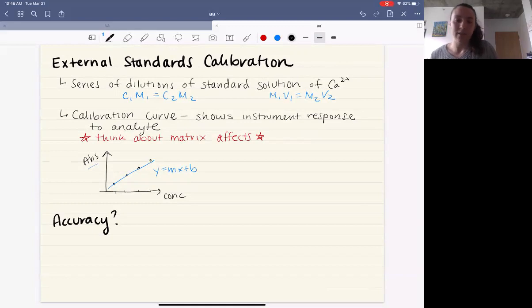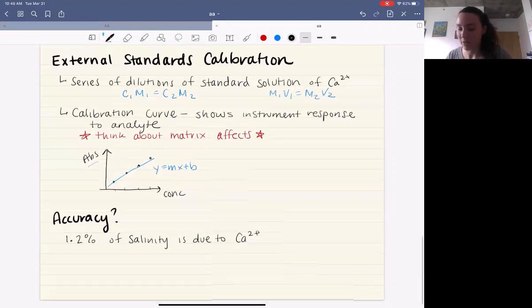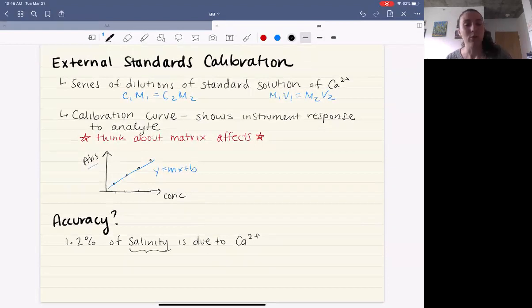the literature value for how much calcium is in seawater comes down to this idea that 1.2% of salinity is due to calcium. Okay, and if we say roughly salinity is equal to 35 parts per trillion, you should have, however, in your density and salinity experiment in that lab report, determined the salinity of this seawater that we've been using.